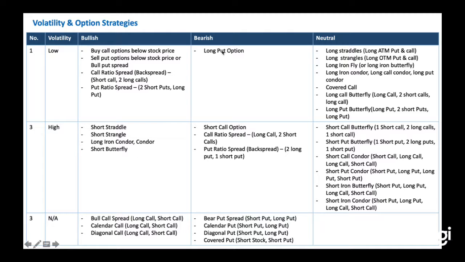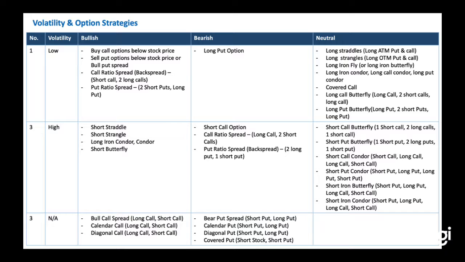Then if your outlook is bearish, this is when you can do a short call option. Suppose stock volatility is very high, and stock is also at a high price point at this point. You could basically sell a call option at a higher price than the current stock price.